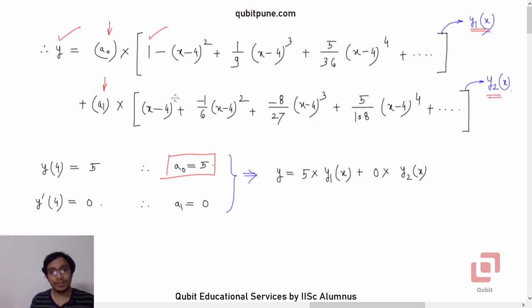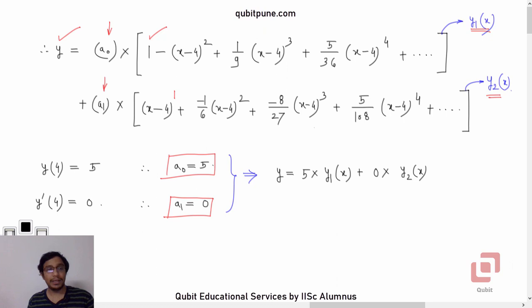And because we have x minus 4 to the power 1 here, the derivative here will be a1 into 1 plus 2 times x minus 4 into negative 1 upon 6 and all higher powers of x minus 4, ensuring that there will at least be 1 power of x minus 4 there. Which means if y prime of 4 is equal to 0, then a1 has to be 0. And if y prime of 4 had a different value, we would have got a different a1.